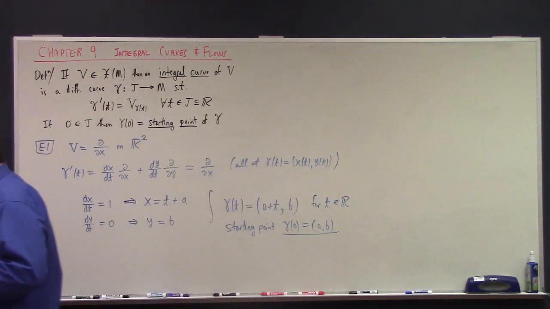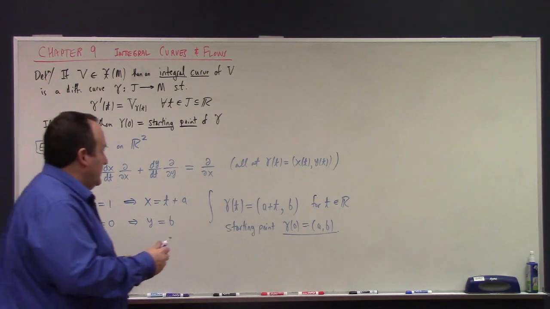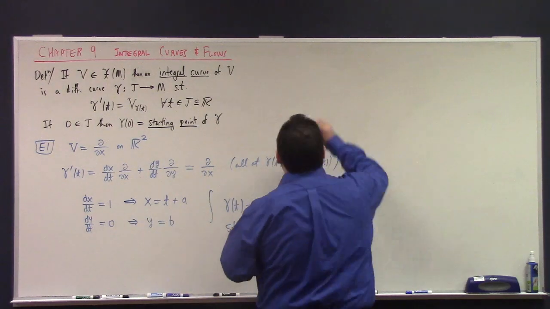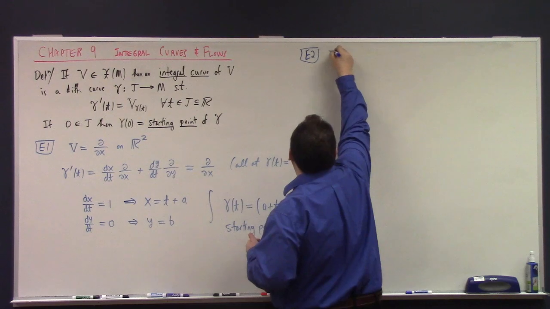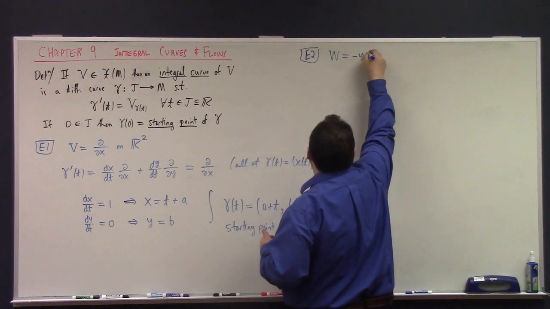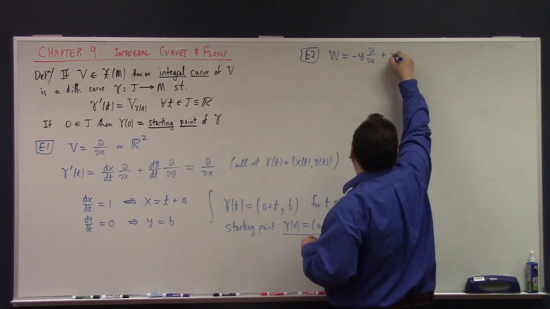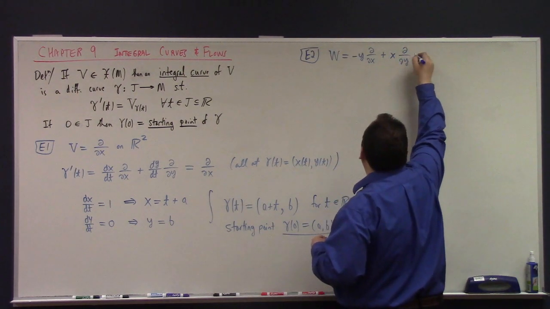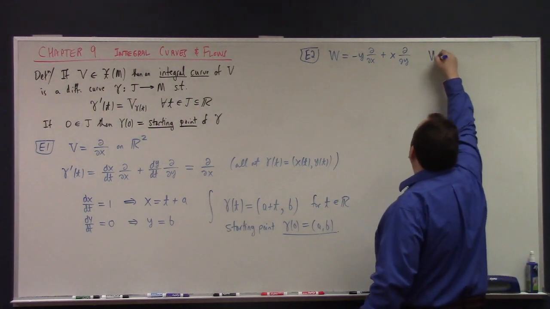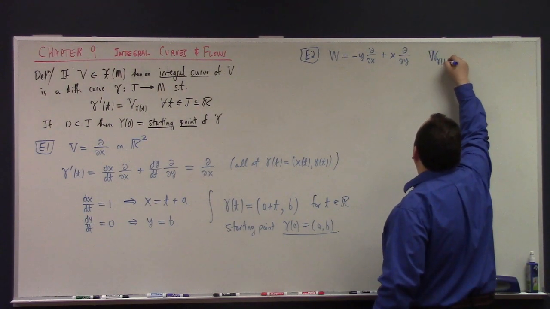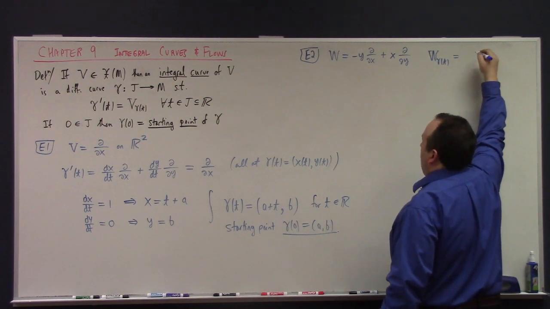Example 2 will require a little bit more trickery. Example 2, one of my favorite vector fields, W equals minus y partial x plus x partial y. And we're going to look for W of gamma of t equals gamma prime of t.